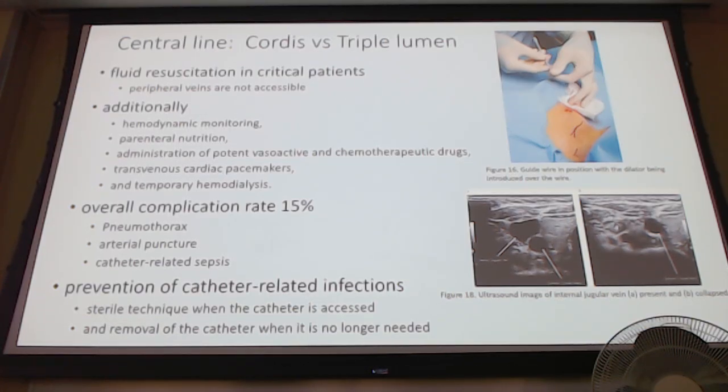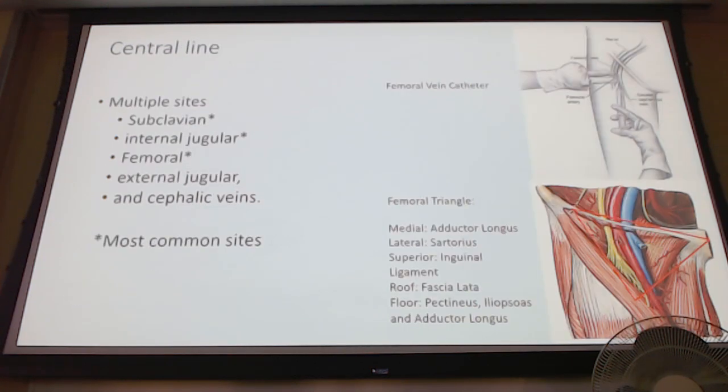So once they're stabilized, in a different spot, sterilely, we will put another one in and take out the dirty line. Okay, but that really is only in extremis. Otherwise, we should be doing full gown, full mask, or full face mask, okay, full sterile technique. And then we remove the catheter as soon as it is no longer needed.